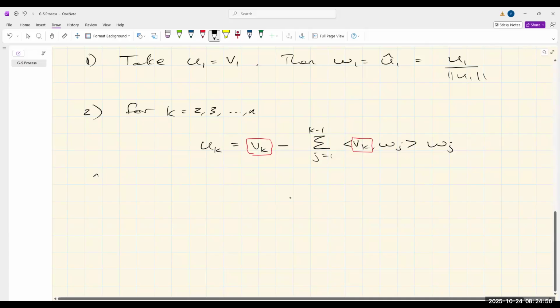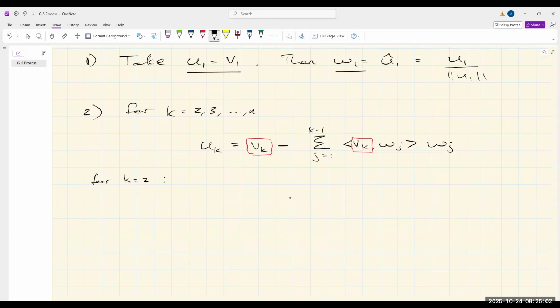Okay, so let's just say for k equal to 2. So how do I get U2? I know U1, right? I know W1, right? I just calculated it up there. How do I get the next vector U2? So U2 is just equal to V2, the second vector in your list, minus, so if j goes from 1 to k minus 1, if k is 2, k minus 1 is 1.